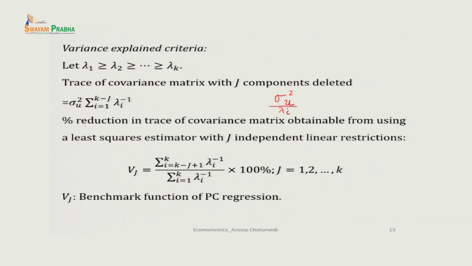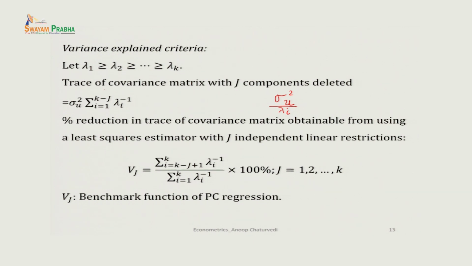Then the percent reduction in the trace of the covariance matrix, obtained from using a least squares estimator with j independent linear restrictions, is V j equal to the summation i equal to k minus j plus 1 to k of lambda i inverse, divided by the summation i equal to 1 to k of lambda i inverse. So, this is the overall variance.